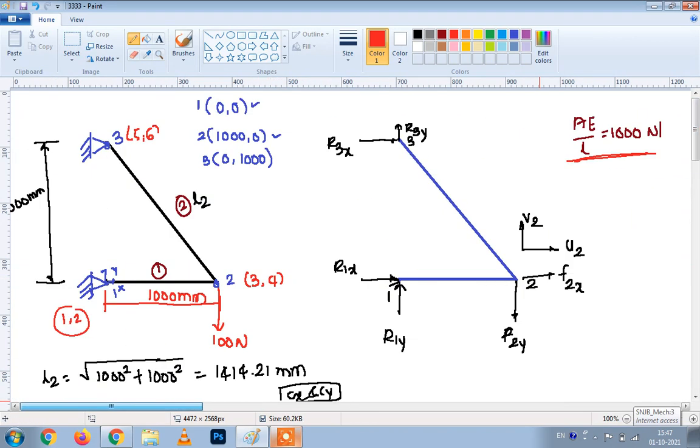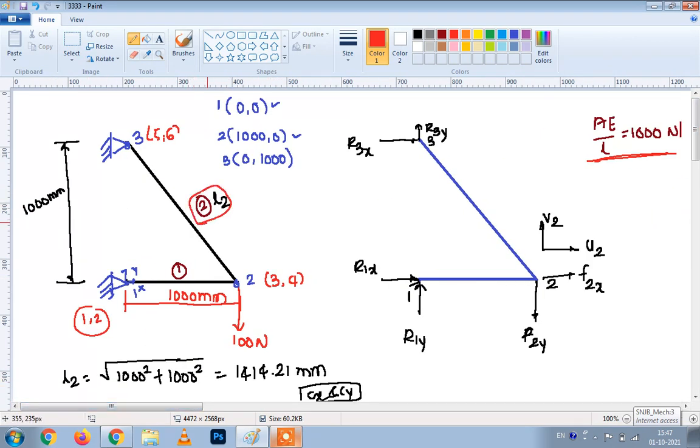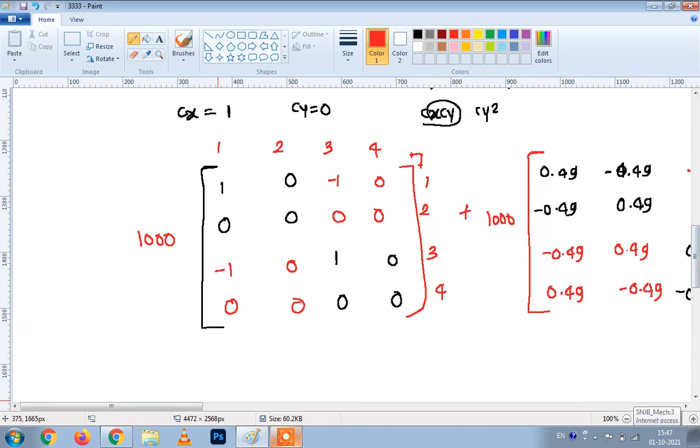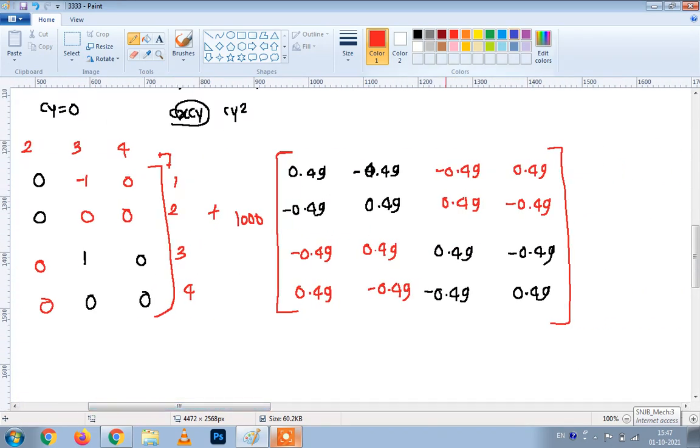As this element number 2 is connected between nodes 2 and 3, we can write down 3, 4, 5, 6. Here also 3, 4, 5, 6, and here also 3, 4, 5, 6.